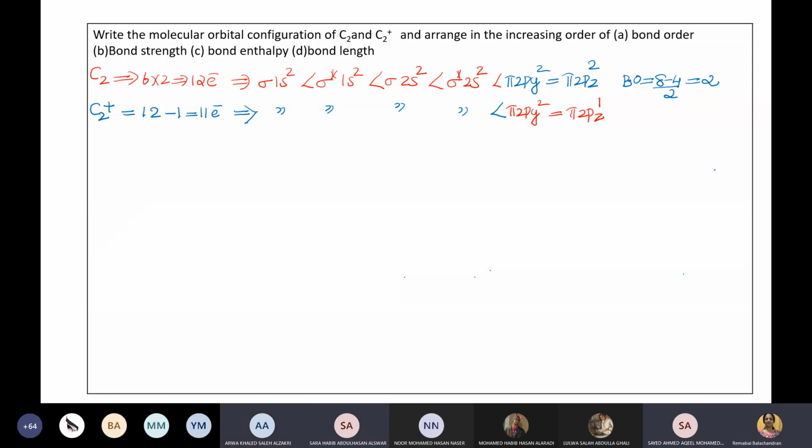Or you can write first one, second one, 2. So what's the bond order now? 7 minus 4 over 2 is equal to 1.5, right? Correct.